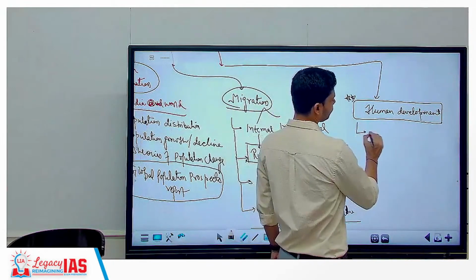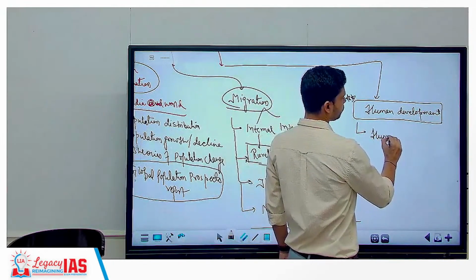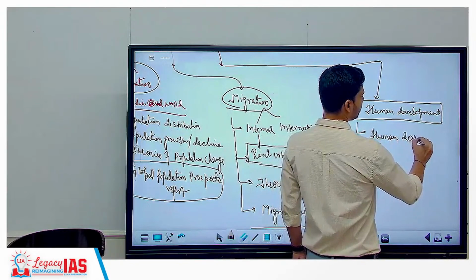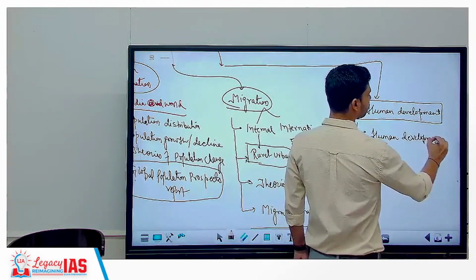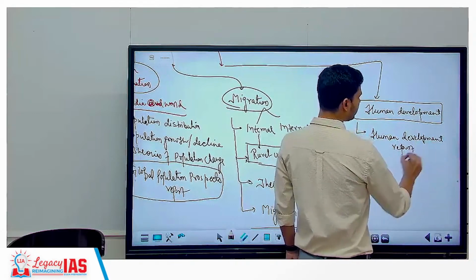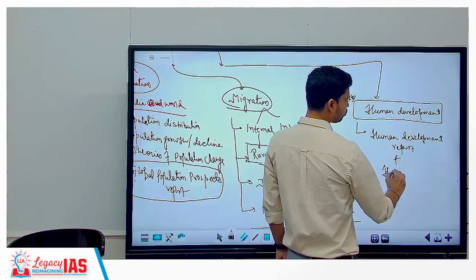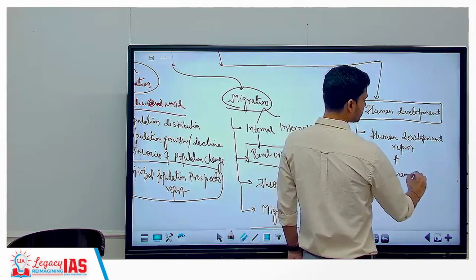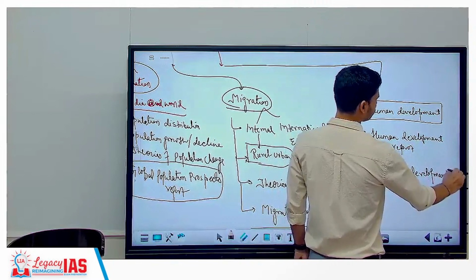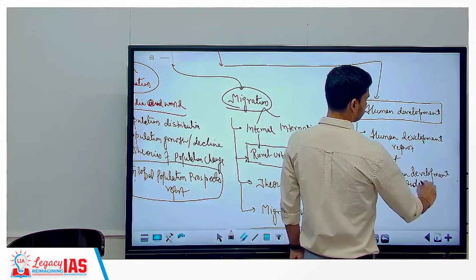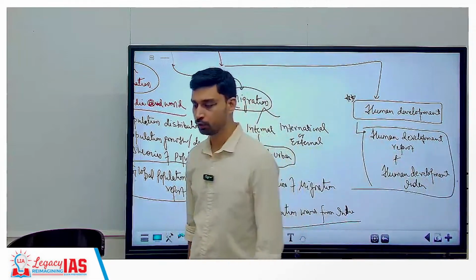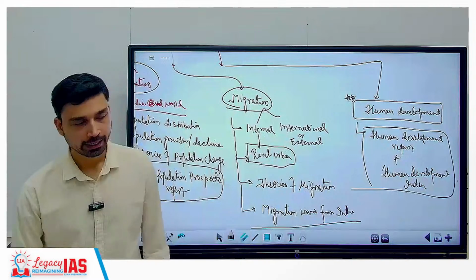And here we will focus again on a UN report published every year called the Human Development Report, as well as the latest index that is also published, the Human Development Index, HDI. So Human Development Report and Human Development Index.